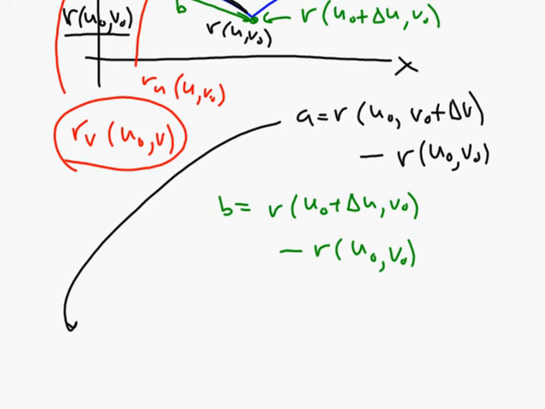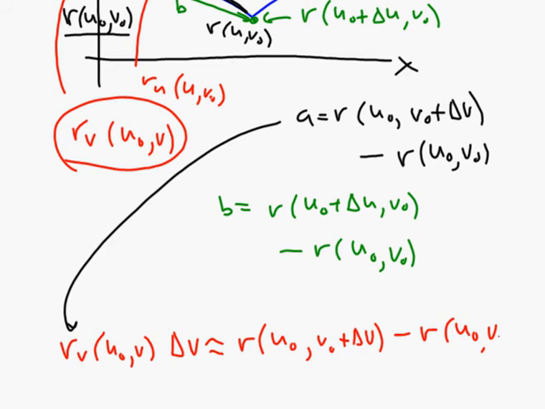So the partial derivative in the v direction at that particular point, multiplied by a small change in v, is going to give you a good approximation for this vector A that we drew in the picture.